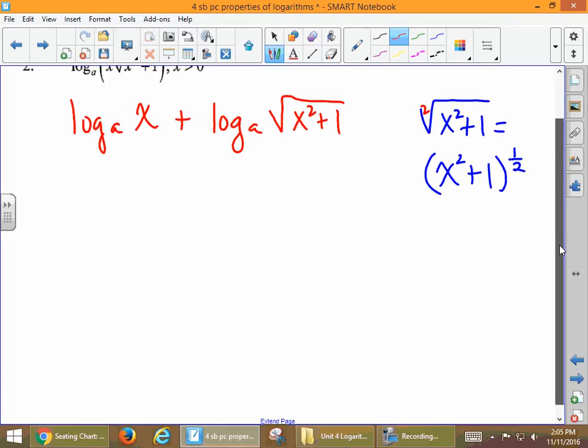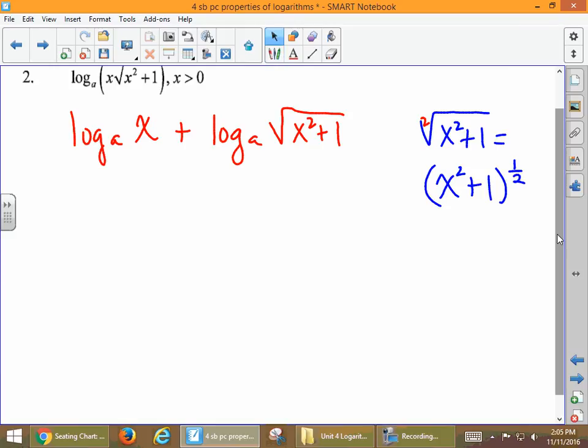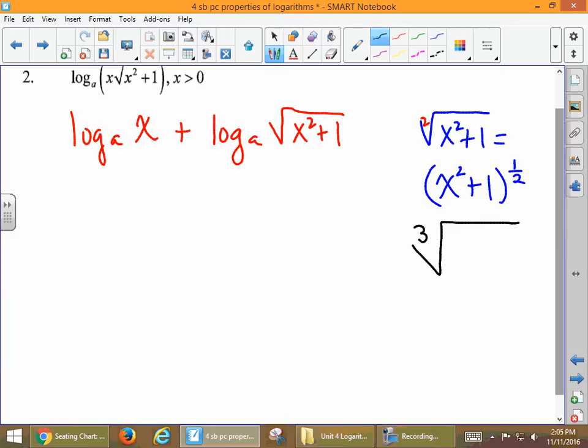So it's not coming out very well. Let me try again with that on the next page. It's easier to explain on this one. If we have the cubed root of x squared plus 1, if we rewrite this, then this would be x squared plus 1 to the 1/3.